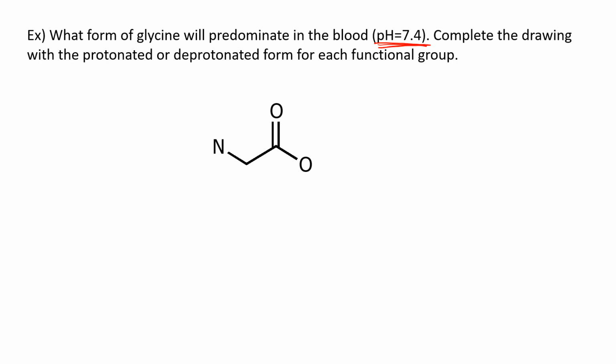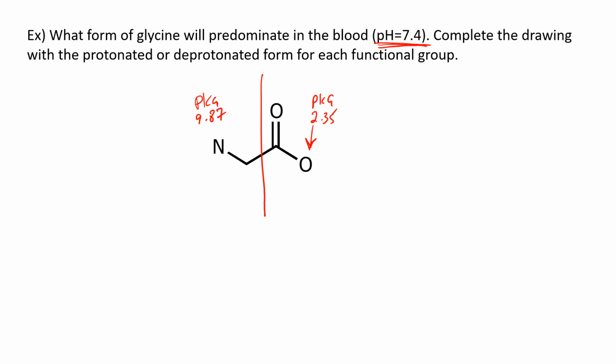In our previous slide, we saw that the pKa of the carboxylate on glycine was 2.35, and the pKa of the amino group was 9.87.